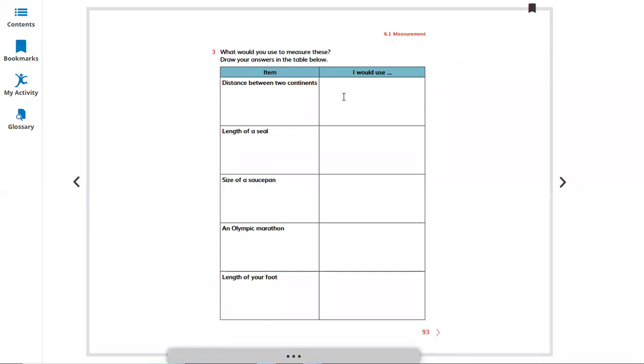So the distance between two continents, we can use kilometer. The length of a seal, meter. Size of a saucepan, centimeter.